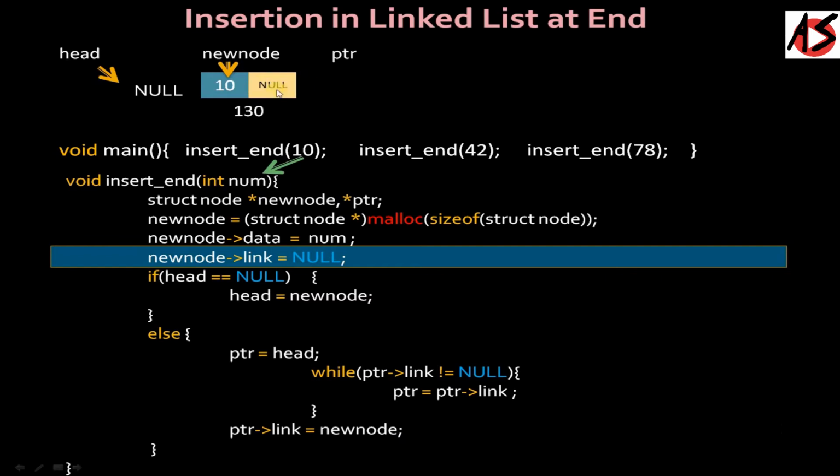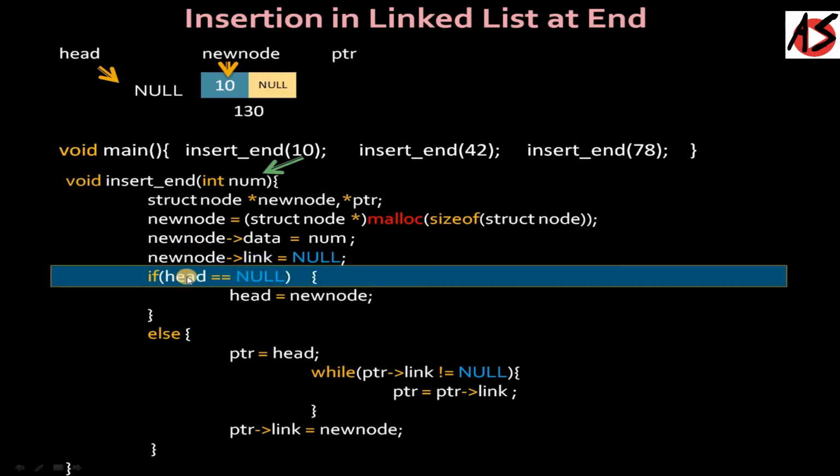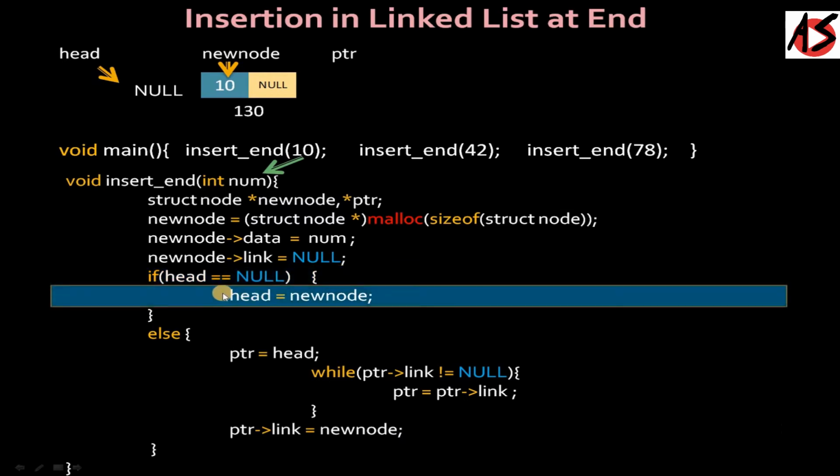Now we are checking the condition if head is equal to null. Here we can see head is pointing to null, so this condition is true. So we go into the if part and we can see head is equal to new node.